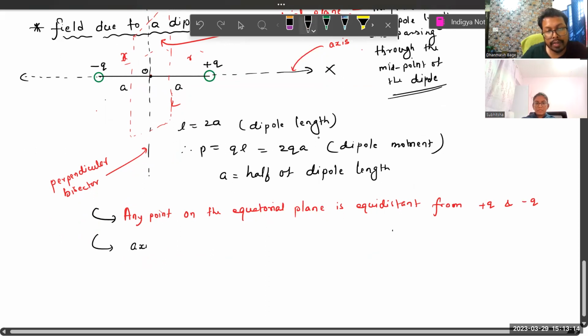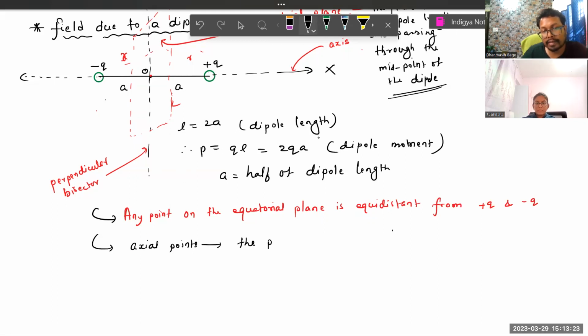There are two terms we'll be using: axial points, the points on the axis. For example, I can say that this is the point P. P is an axial point, right?